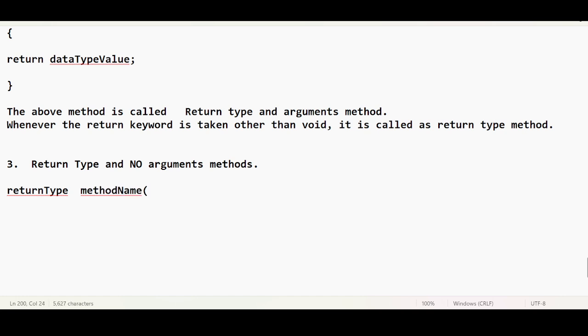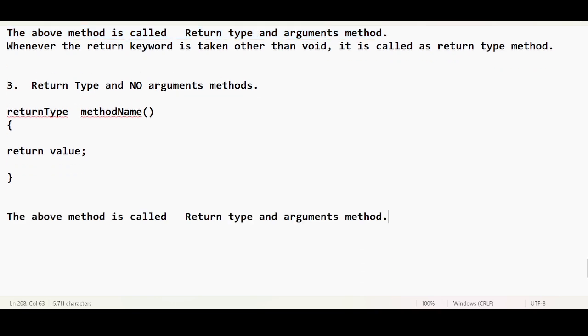No arguments means I will not accept any argument; the method will not accept any inputs, but it has to return some value. I can say that the above method is a return type and no argument method. It will not accept any inputs, but it will return a value.